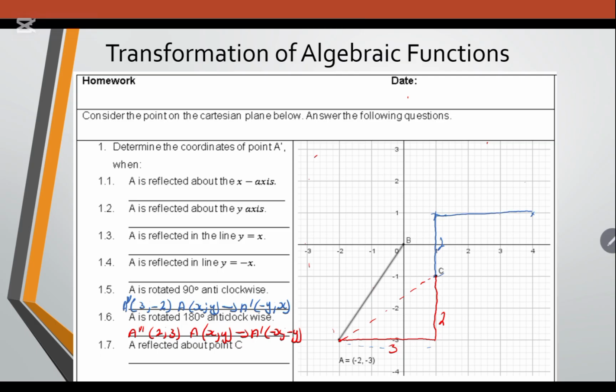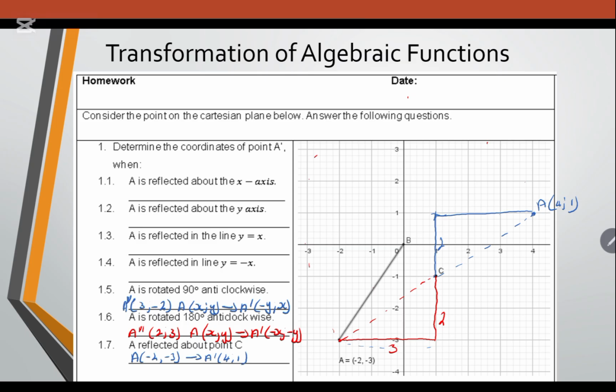So that means the image of point A will lie here. And those coordinates will now be 4 and 1. So if A was -2 and -3, now the image of A is 4 and 1.